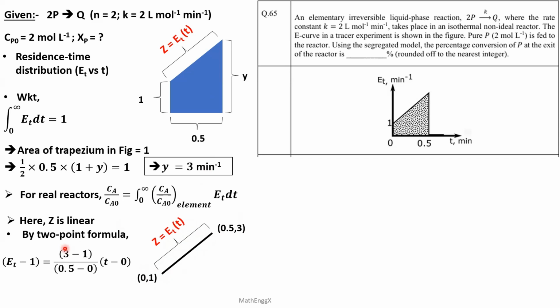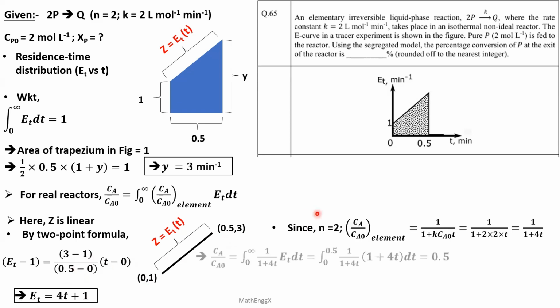We have y minus y1 is equal to (y2 minus y1) by (x2 minus x1) into (x minus x1). Considering (0, 1) as (x1, y1) and (0.5, 3) as (x2, y2), and using the two-point formula, we get E as 4t plus 1.